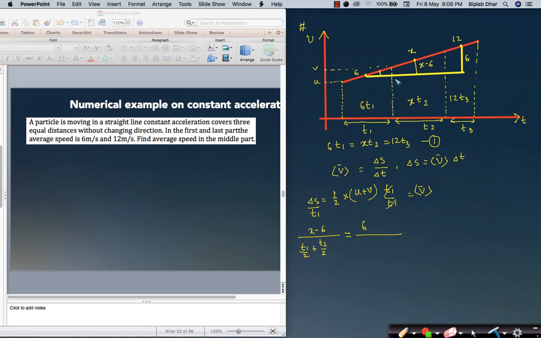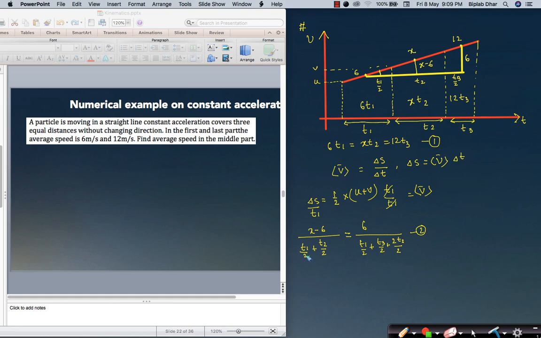This is t1 by 2, this is t2, and this is t3 by 2. So this is t1 by 2 plus t3 by 2 plus t2. Actually it is t2.